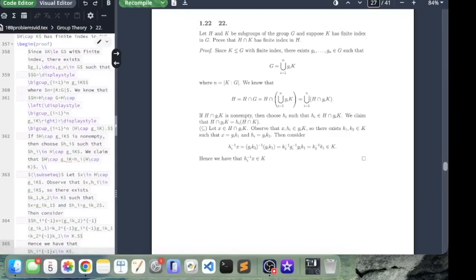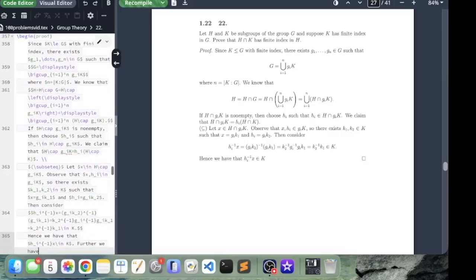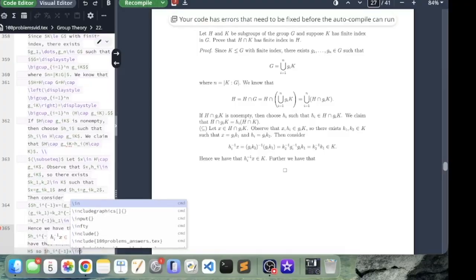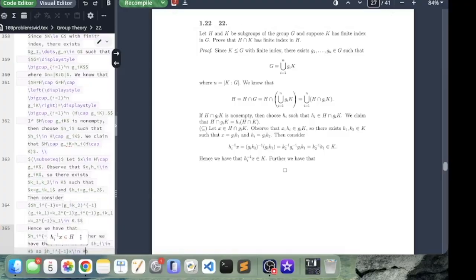Cool. Further, we have that x is in H and h_i is in H. So h_i inverse times x is in H, again by closure.